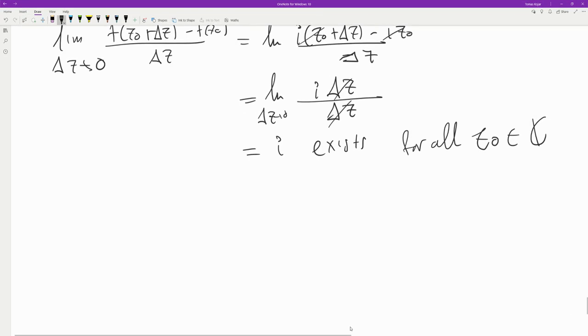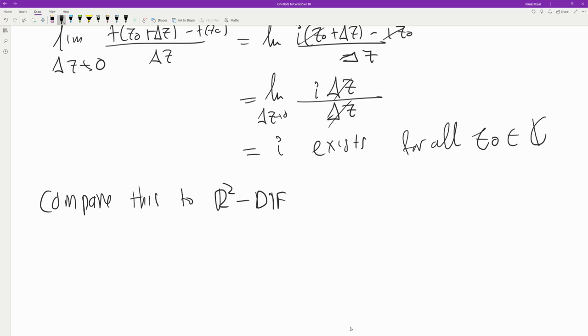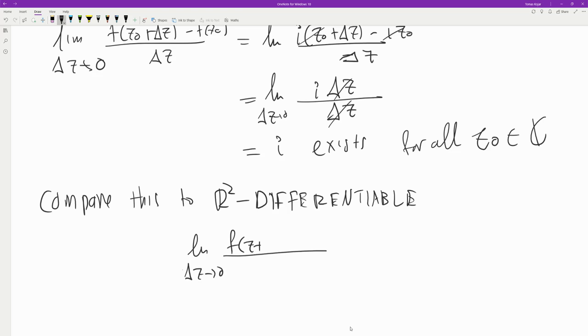All right. Some students might ask, compare this to the usual R2 differentiable from like Math 291. We can write this definition in complex notation. It's the following. Let me write it with h to make it more familiar.